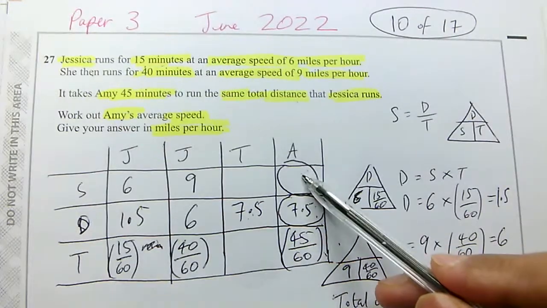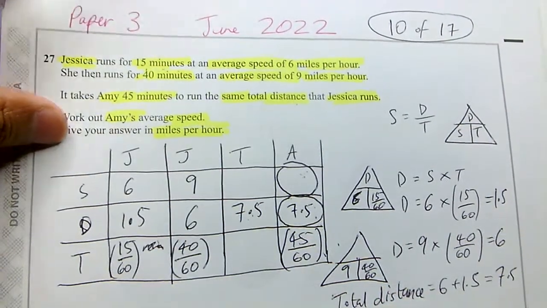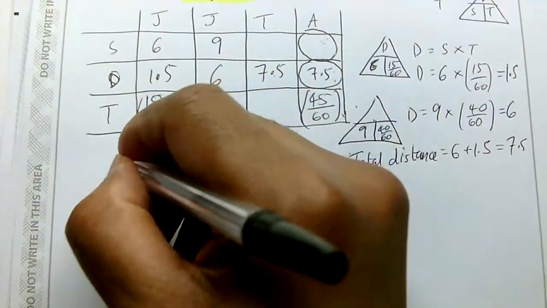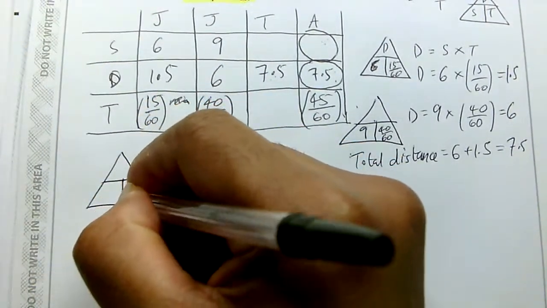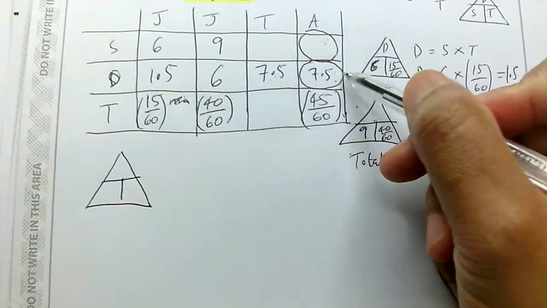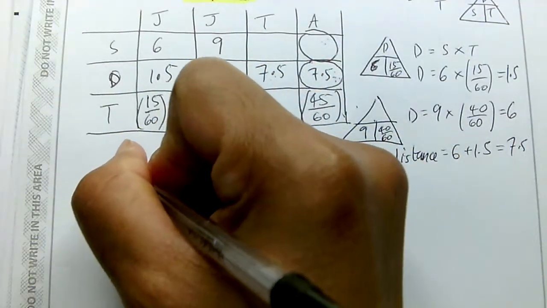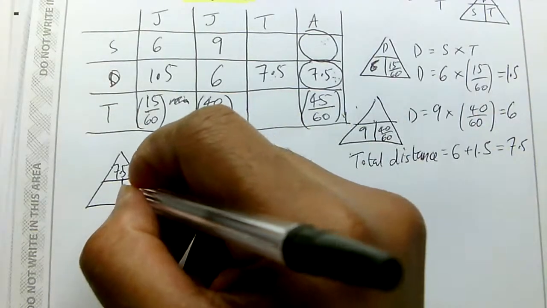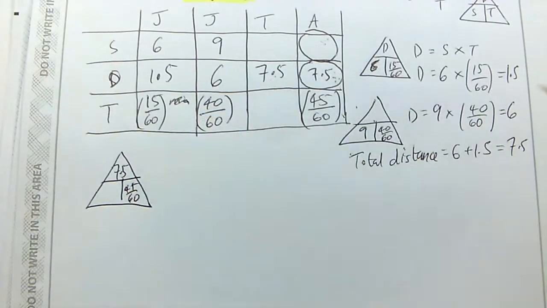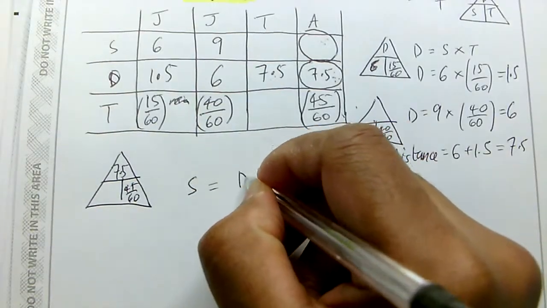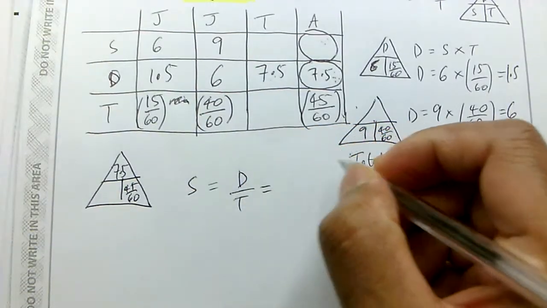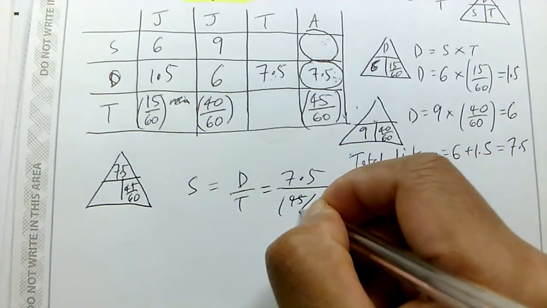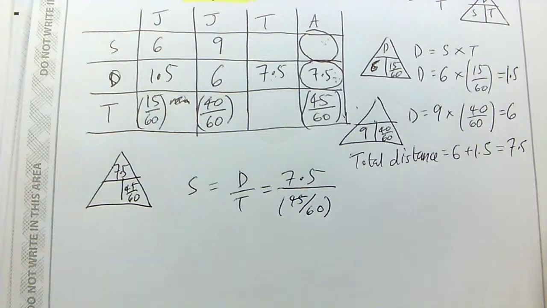So now I can work out the speed for Amy. So again, turn my formula triangle. My distance is 7.5, so that's 7.5. And my time is 45 minutes, 45 out of 60. So my speed equals distance divided by time. 7.5 divided by 45 minutes out of 60 minutes in an hour.